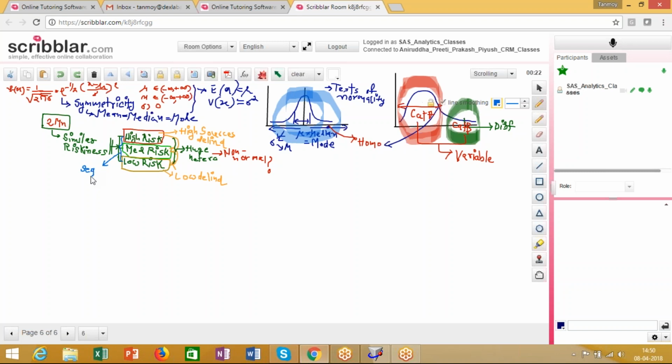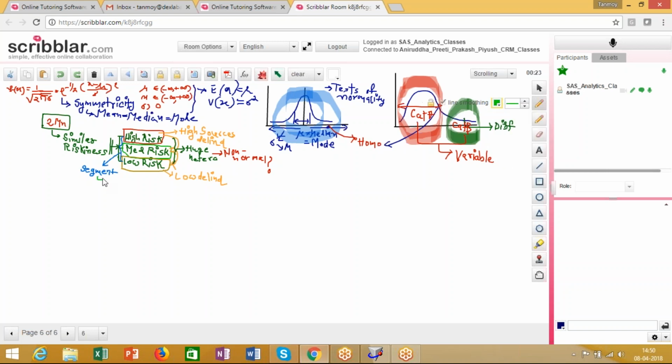Segmentation or business segments help us disentangle the heterogeneity in these models, right? So that is where the role of segmentation comes around. To understand how segmentation is done within the risk domain, there are different ways of doing segmentation, which we will discuss as we go forward, right?